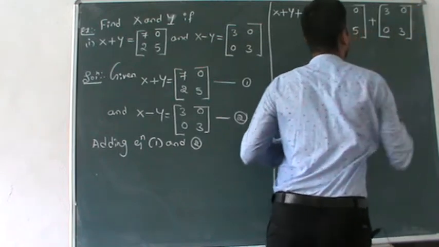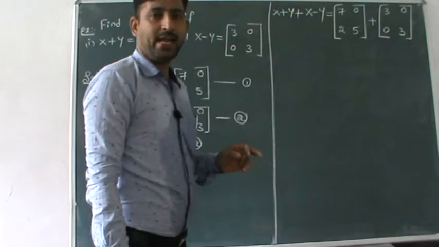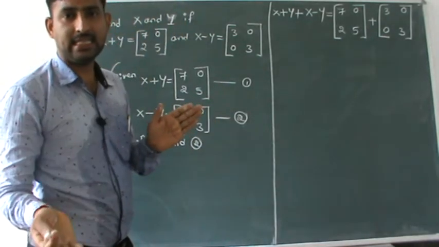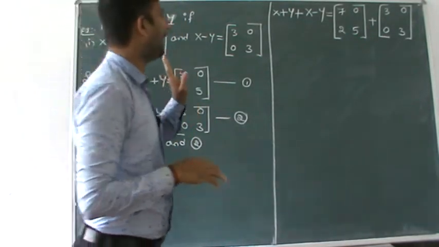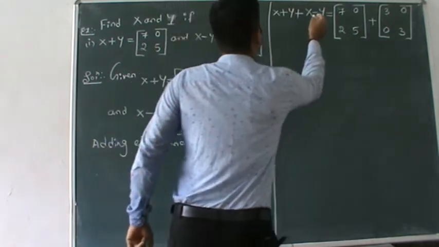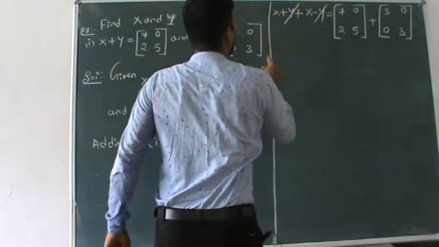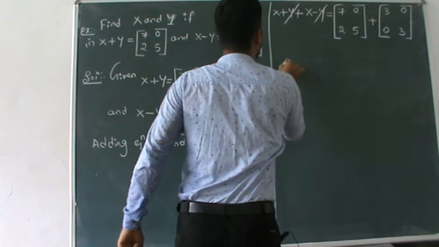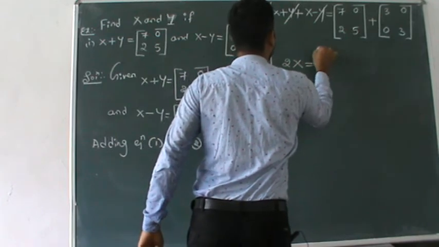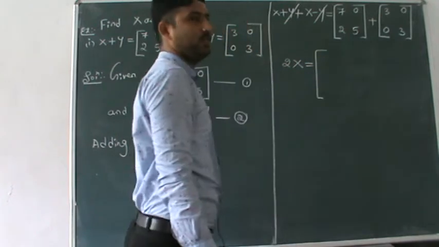You have to add the LHS and at the same time the RHS. Then y gets cancelled, correct? X plus x becomes 2x. Don't write single x, write 2 times x.